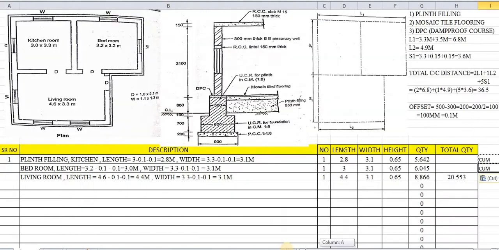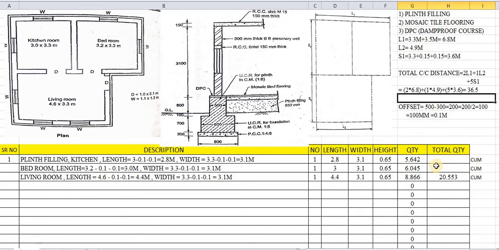It has been given as cubic meters. So these quantities are measured in cubic meters. So I have written the quantity for plain filling as cubic meters. So what is the quantity? 20.553 is the total quantity of plain filling in cubic meters. Okay. The same way we have to find out the different quantities.